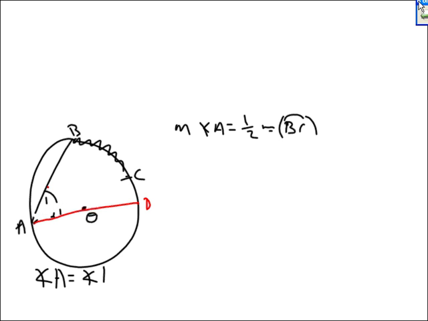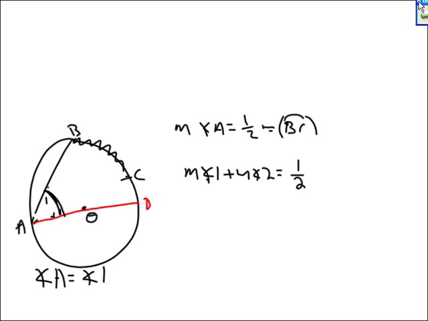So this big angle, the measure of angle 1 plus the measure of angle 2, this big angle here is 1/2.